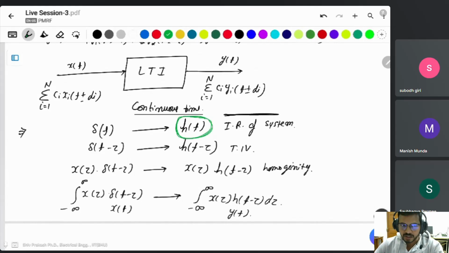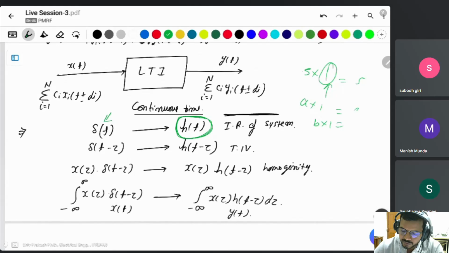h(t) is the output when the input is the impulse, a single one. Same thing, if you multiply anything by 1, a by 1, b by 1, all of them are the same.